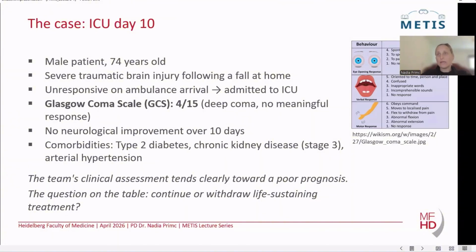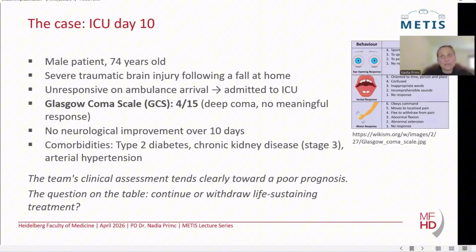So to give you a sense of what this score of 4 means, a fully conscious person scores 15 on the Glasgow Coma Scale. A score of 4 means deep coma, with almost no observable response to the world around him. What is also important is that his score has not improved at all during his 10 days stay in the ICU.